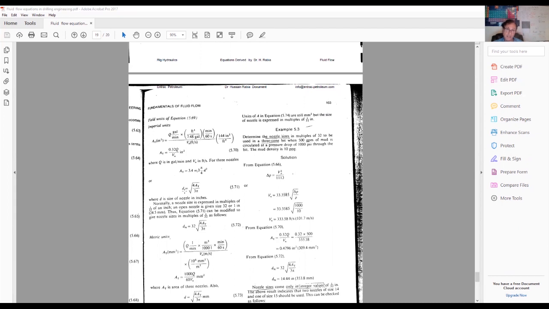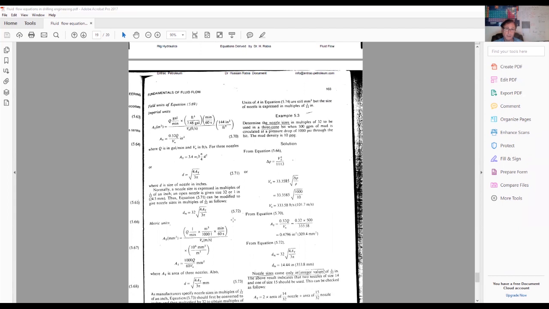So that is a fraction of an inch, and normally we have nozzles expressed in size as a fraction of 32. So an open nozzle will be equal to 32 or 1 inch. To find the nozzle sizes in whole numbers, we simply multiply the result here by 32, so any fraction will be removed.